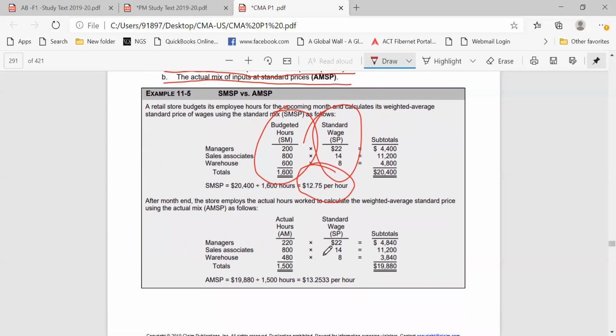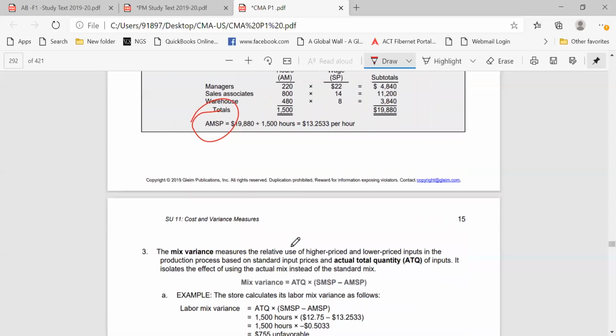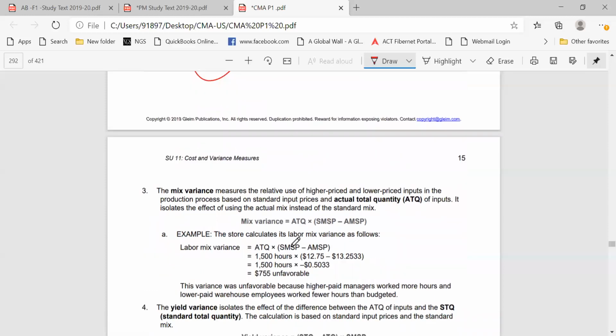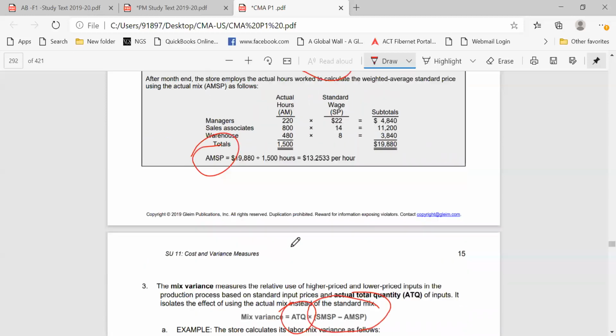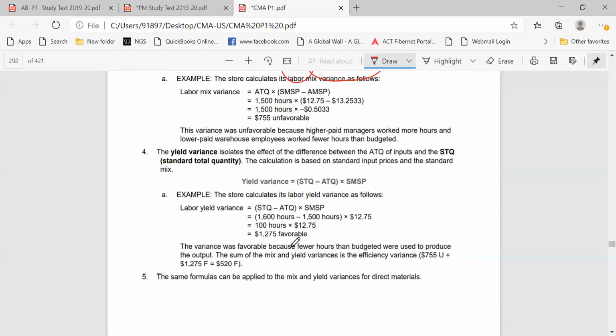Then we have actual mix of standard prices. Here these are budgeted hours, these are actual hours, and we have this difference. Then you subtract standard mix of standard prices and actual mix of standard prices, and multiply the difference with actual total quantity. You would get your mix variance, whether it is labor or material, that will be the same.